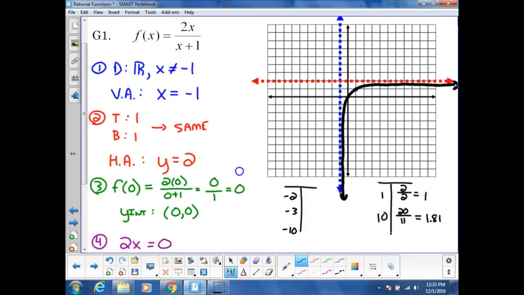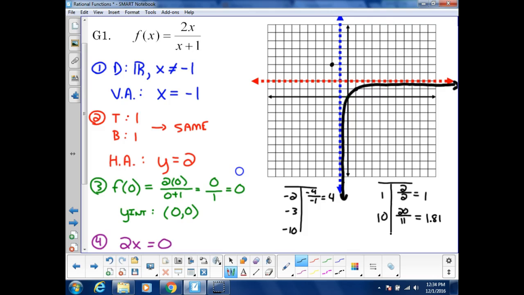If I put -2 into that function, I get -4 on top over -1 on the bottom, and that's 4. 1, 2, 3, and 4. So I go through that point right there.